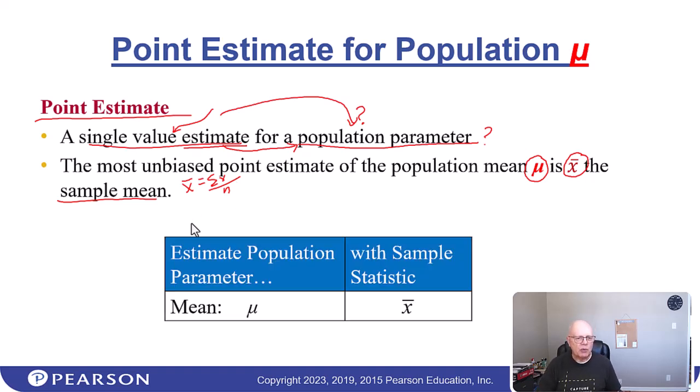So here's one you might want to keep in mind for estimating a population parameter. For the mean, this is a good point estimate. Get this, and in all likelihood, you're going to get fairly close to the real mean.